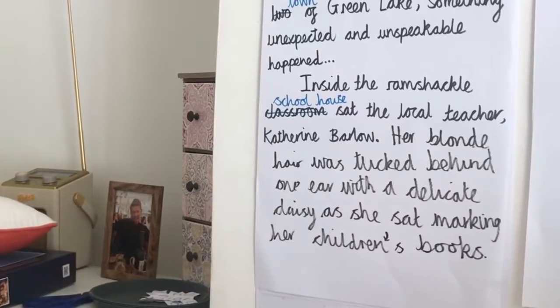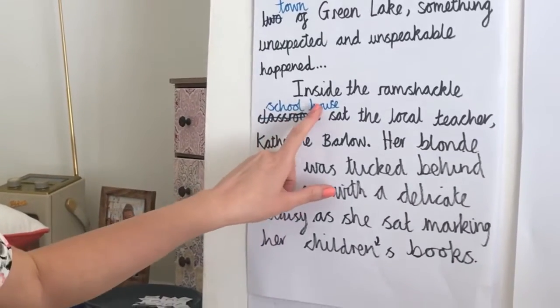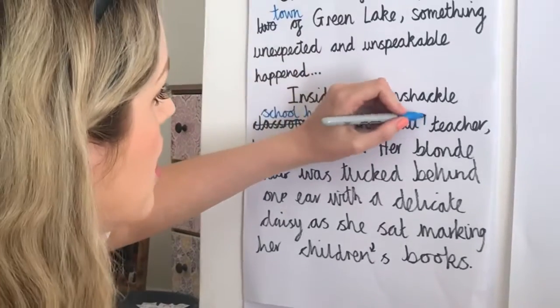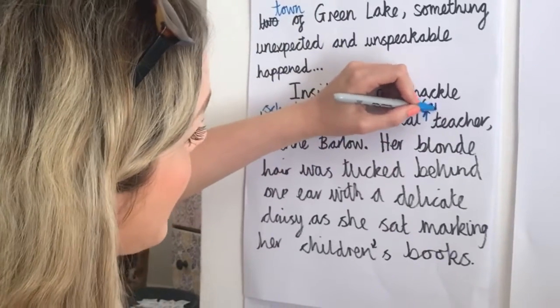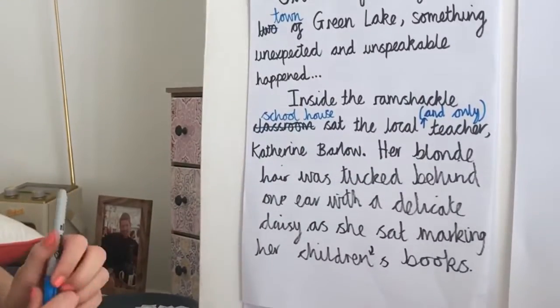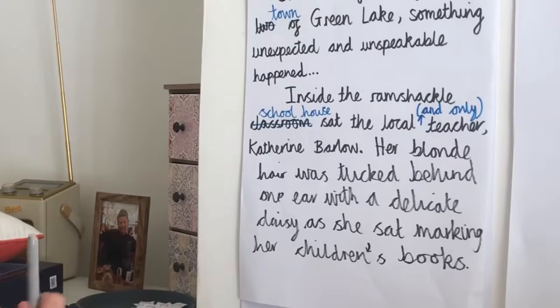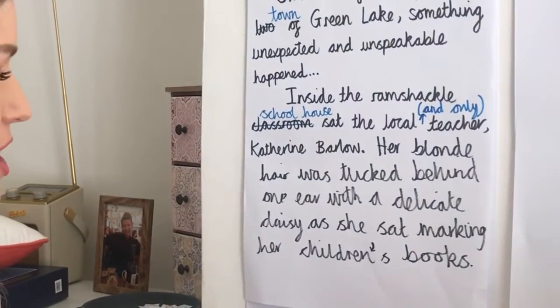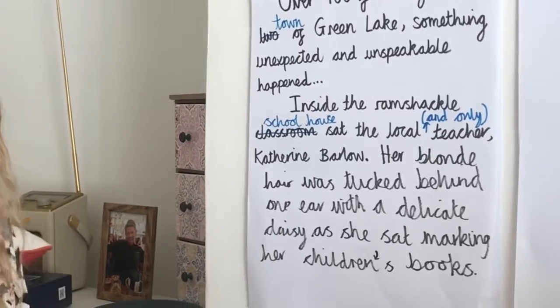Okay, let's have a look. Inside the ramshackle schoolhouse sat the local, I might put a little bit of parenthesis in here actually, the local, brackets, and only teacher, comma, Catherine Barlow. Her blonde hair was tucked behind one ear with a delicate daisy as she sat marking her children's books.